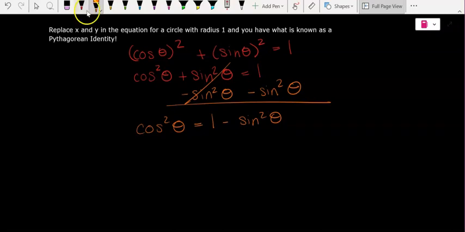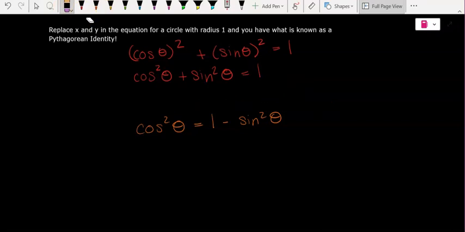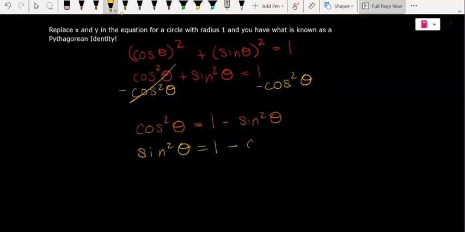Well, there's 1. I could do the exact same process, except instead of solving here for cosine, what if I solved instead for sine? So that means getting the sine squared all by itself. So that means then that I'm going to go ahead and bring that cosine squared over to the other side. And if I did that, then I would just have sine squared is equal to 1 minus cosine squared.